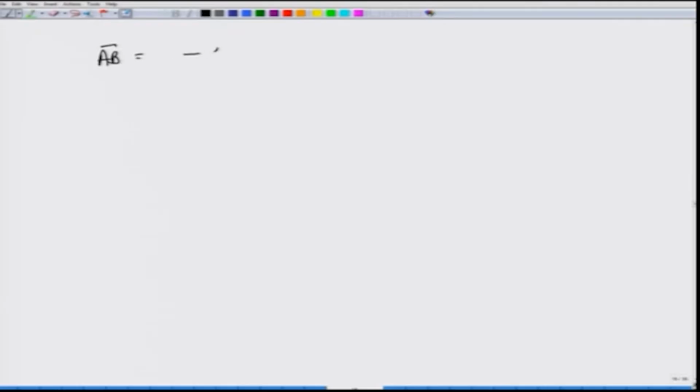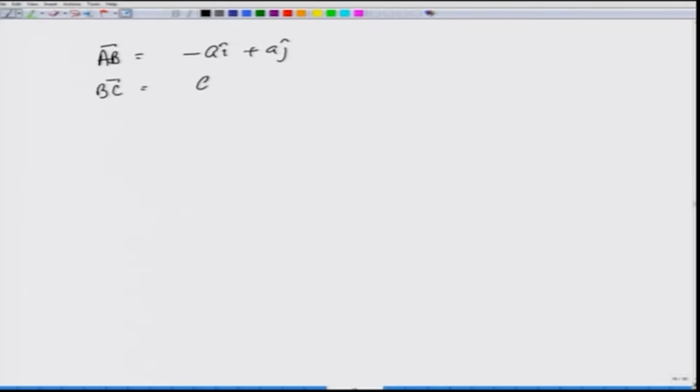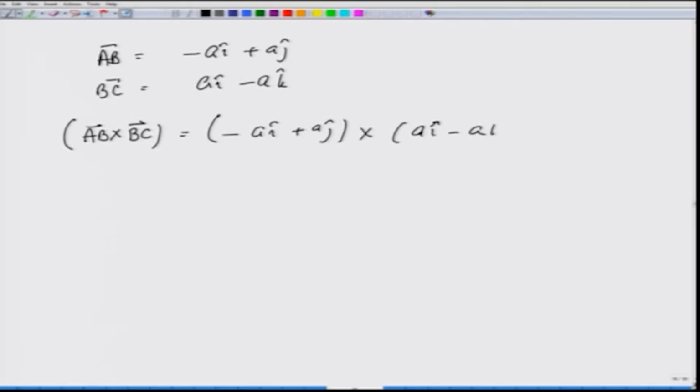AB is nothing but minus A i plus A j, BC is nothing but A i minus A k. So, AB cross BC is nothing but minus A i plus A j cross A i minus A k, which is equal to i cross i is 0, i cross k is minus j.